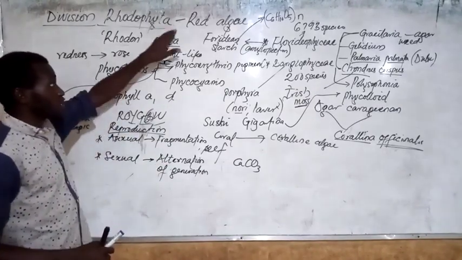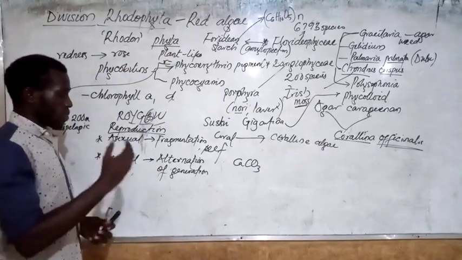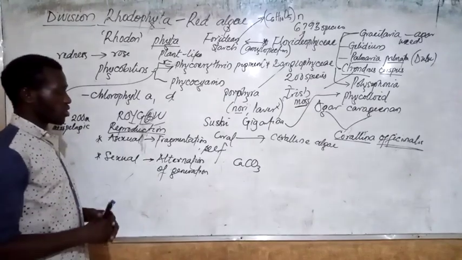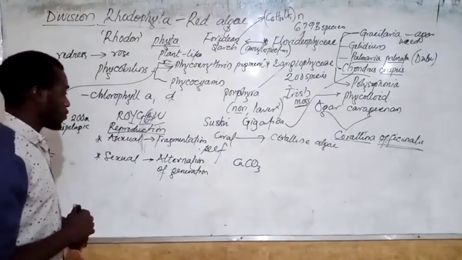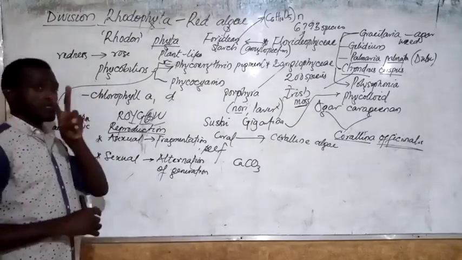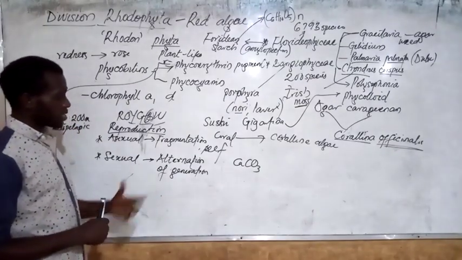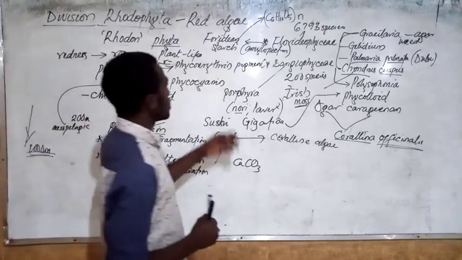In fact, the red algae are known to exhibit three types of alternation of generation. But this will be discussed in another video. So, they exhibit alternation between a diploid generation and a haploid generation. The red algae actually exhibit two diploid generations and one haploid generation. Alright, so that is basically for the red algae.